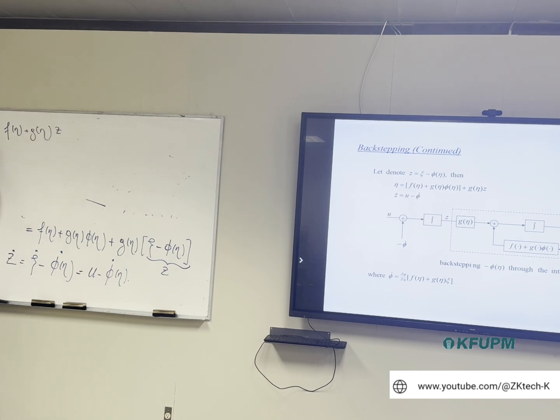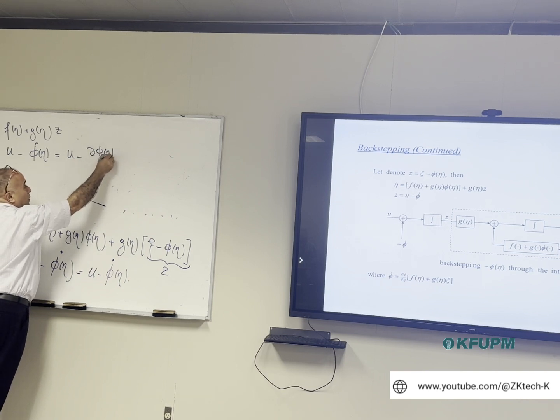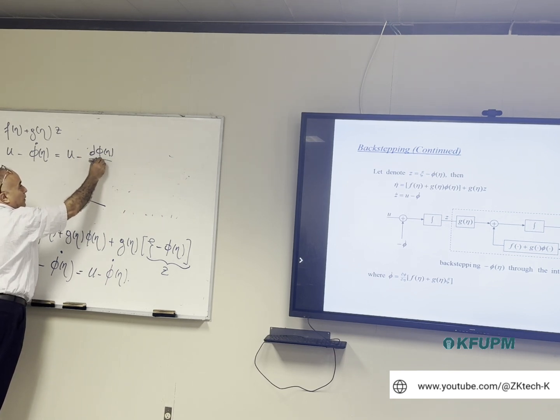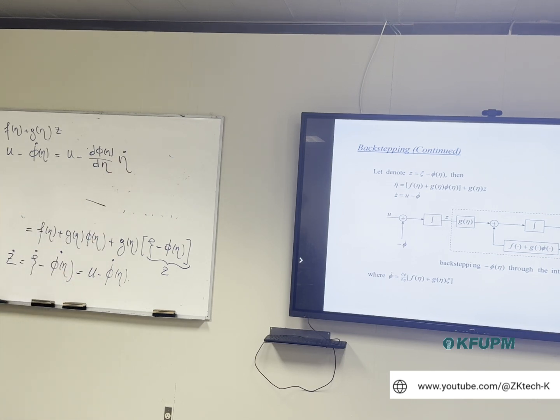Z prime is equal to u minus phi prime of eta. Phi prime of eta, by the way, is the same thing as the derivative of phi of eta. If it's only one variable, it will be the total derivative. So if you want, you can assume it's the one variable and we put the total derivative with respect to eta multiplied by eta prime. Right? So this eta prime is given by this equation.